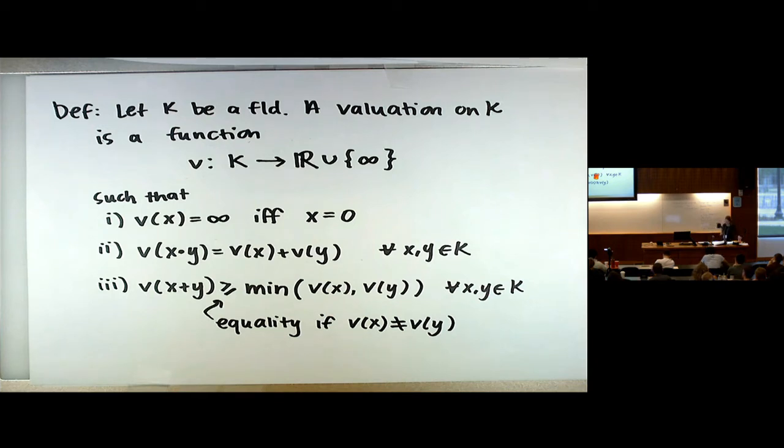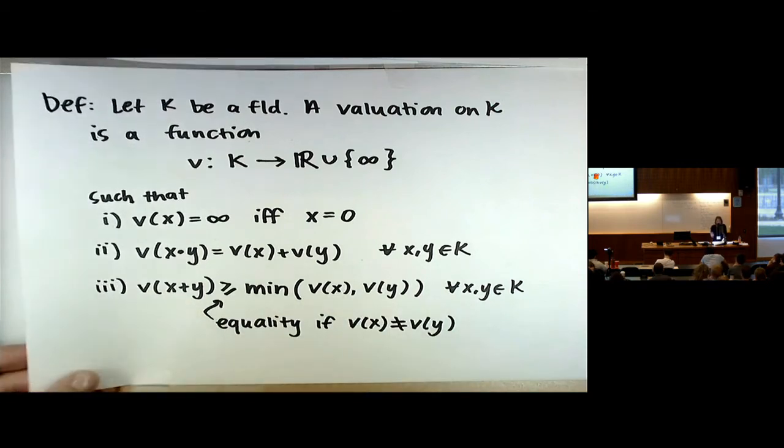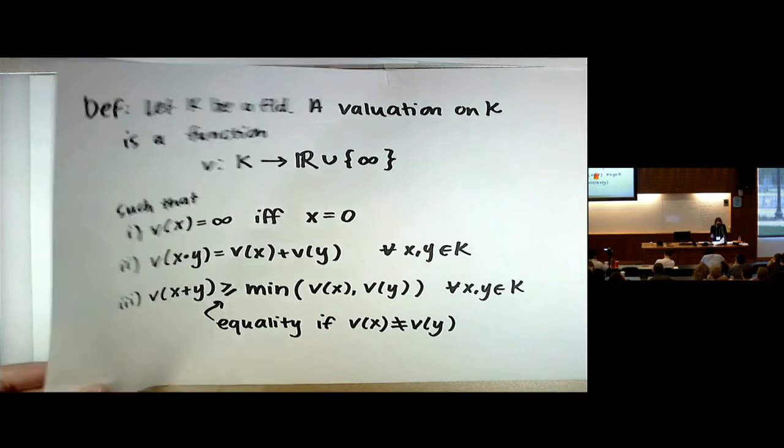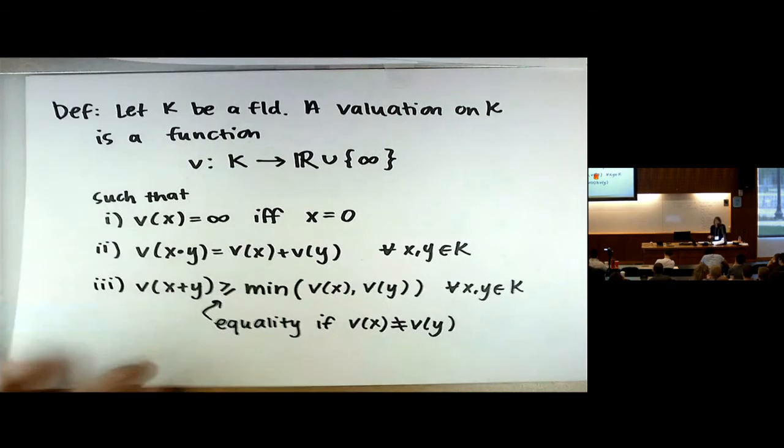Just drink this in for a minute. So this last condition is maybe the one that's a little weird, but it's not that weird, hopefully, after we think about it for a bit.